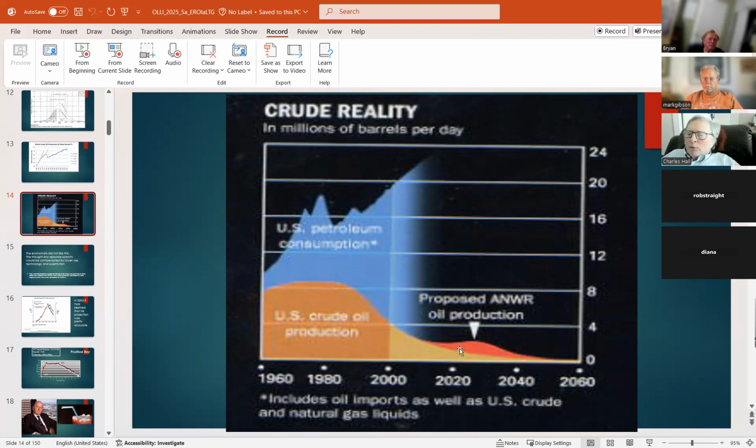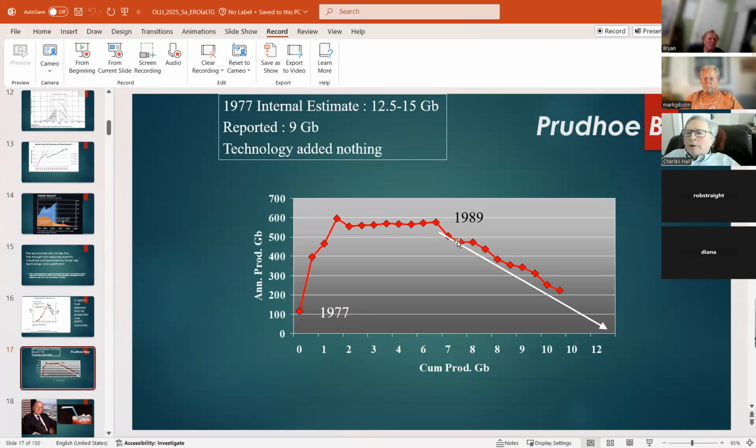And then that red blip there was what they thought Alaska, the Prudhoe Bay field, might add in. And in fact, the Prudhoe Bay was very important and then has declined and is much smaller now than you see on this graph. So in fact, it does look like oil graphs deplete.